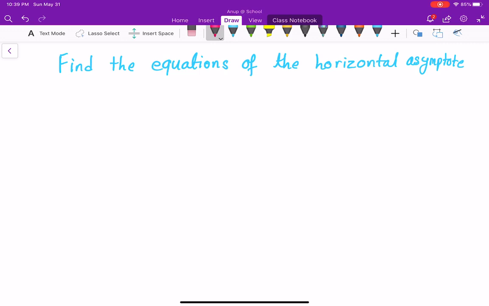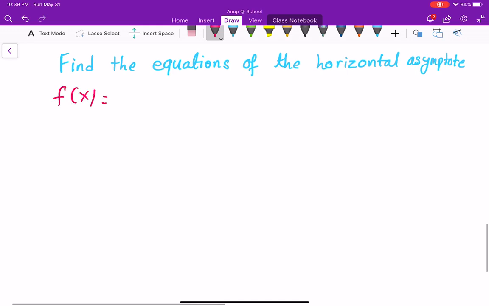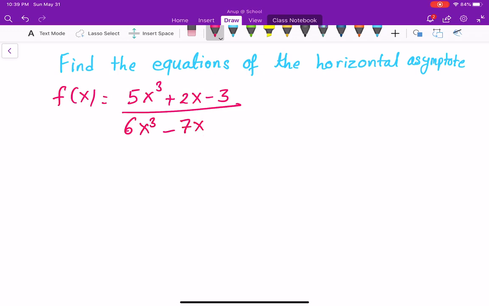All right, let's find the equation of the horizontal asymptote. Let's take one example where we have f of x is equal to 5x cubed plus 2x minus 3 divided by 6x cubed minus 7x plus 1. So our goal is to find the equation of the horizontal asymptote.